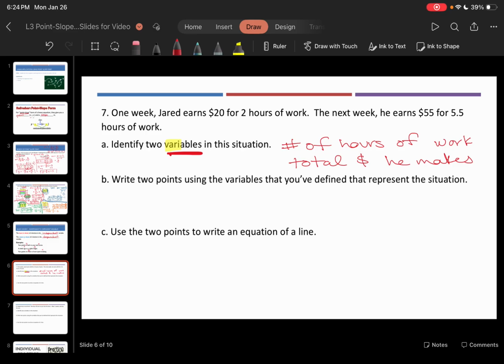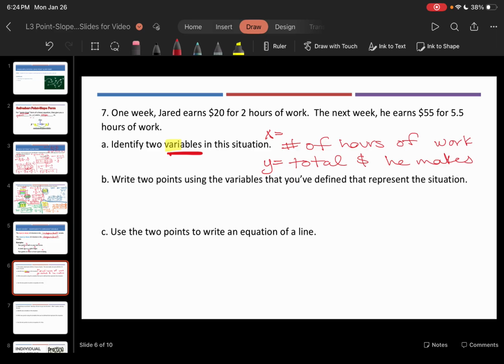Which one affects the other? Keeping in mind, most of the time when you have measurements of time, you can't control the measurements of time. So that's your independent variable, right? So the number of hours of work impacts his paycheck, right? So X is the number of hours and Y is how much he makes.